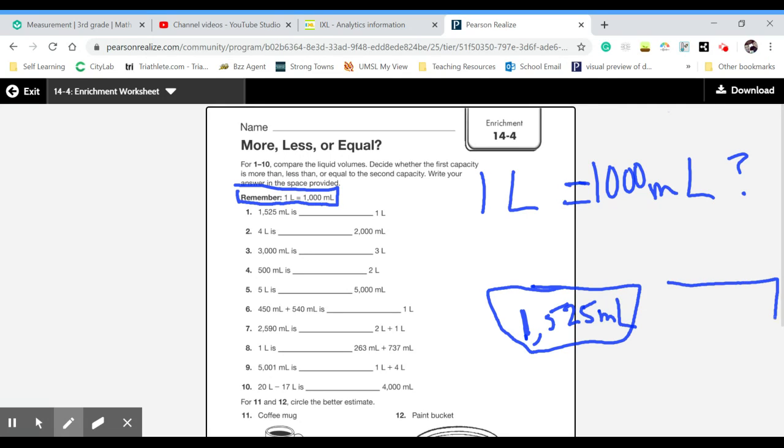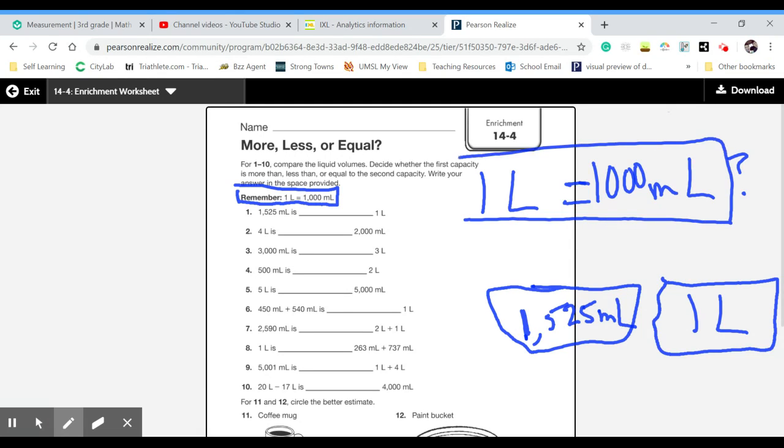And this bowl, another bowl, has 1 liter in it. Which one is greater? Which one is less? Or are they equal? Now, if we remember here, 1 liter is equivalent to 1,000 milliliters. So which one would be greater?